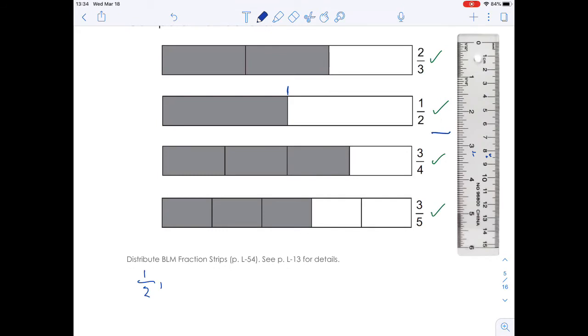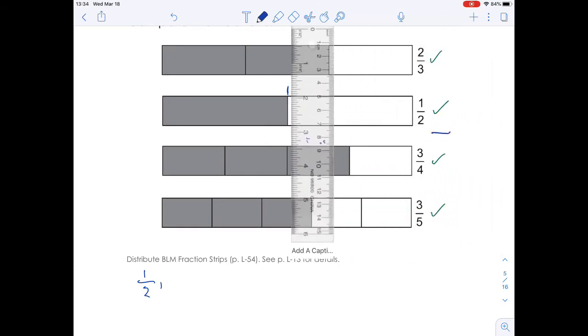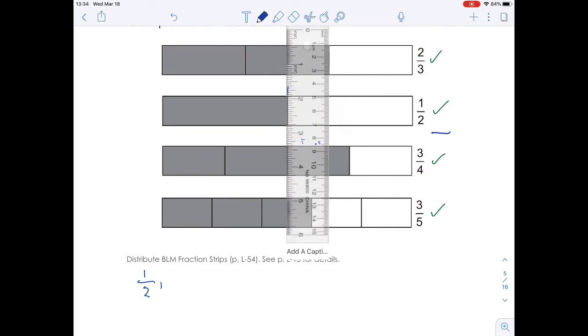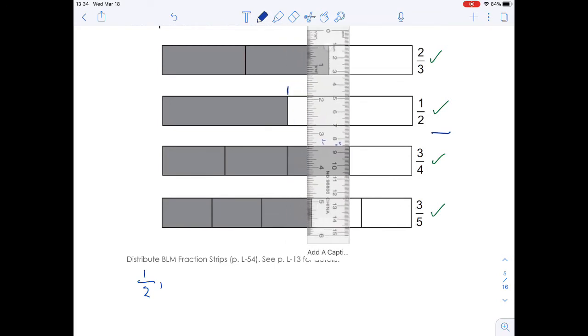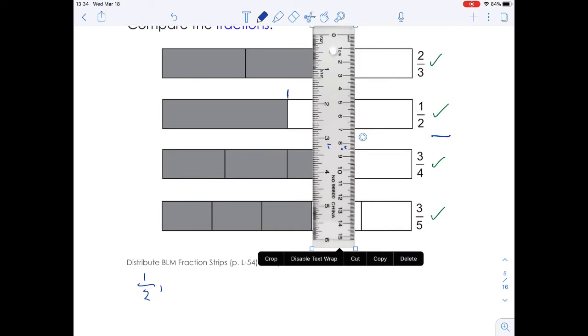So you can easily do this at home. You can take a ruler or any straight edge, and you can slide it along. So 1/2 was the smallest. And then if I keep sliding to the right, the next smallest fraction I see is 3/5. So I'll write it down below.